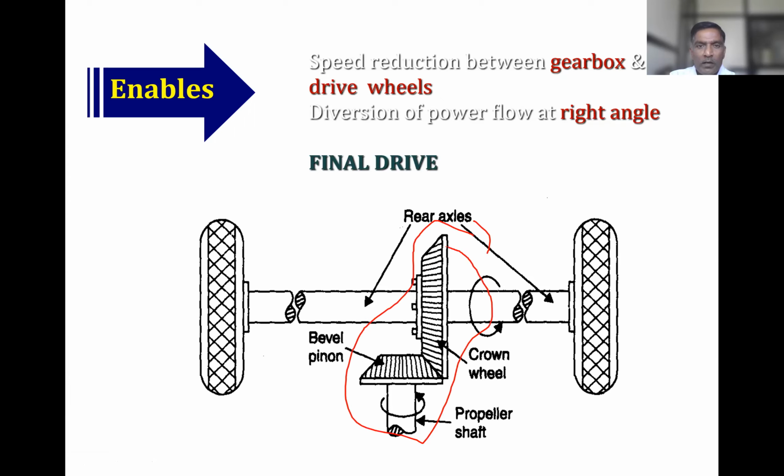This one is the final drive. So it provides speed reduction between gearbox and the drive wheels, as well as we can get diversion of power flow at right angles. So this way power is flowing. So how to make diversion? By using the crown wheel and the bevel pinion arrangement.